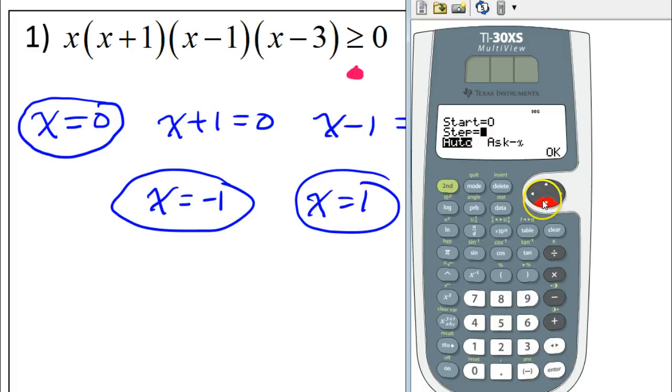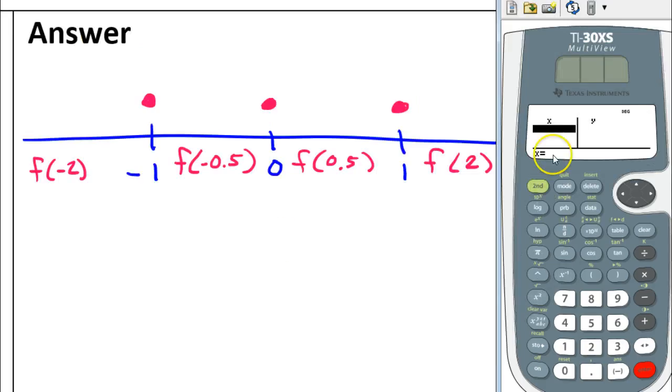Now, to evaluate the function, I find it best to put the calculator into Ask X mode, so that I can tell it just exactly the x values that I want. So in ask mode, we can type in whatever values we want. So let's type in -2 and -0.5 and +0.5.